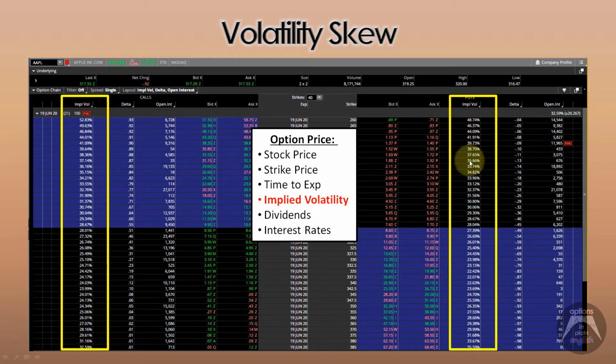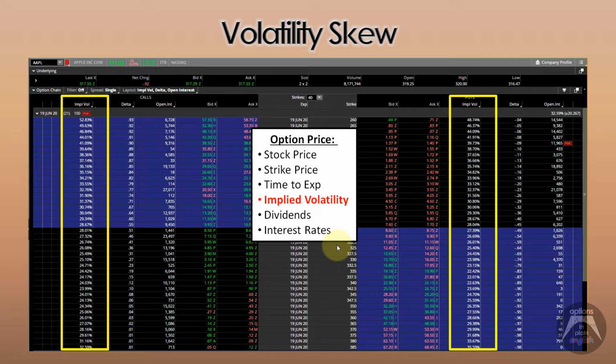This is why we have all these different implied volatilities. Now notice here that we're only analyzing a single expiration. This is why what we're looking at is called volatility skew, or some traders call it vertical skew, which means for a single expiration based on strike price, what is the pattern of the implied volatilities for all the different options.